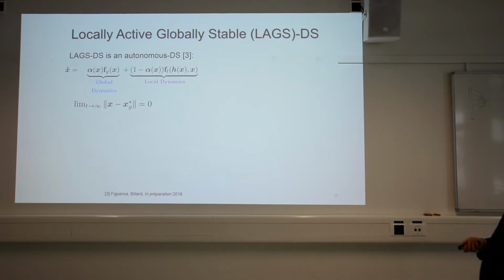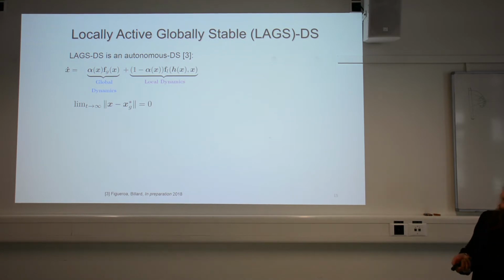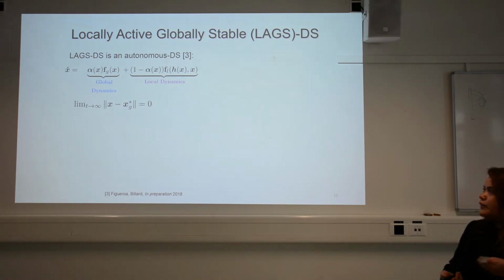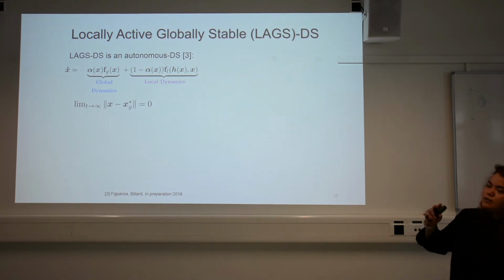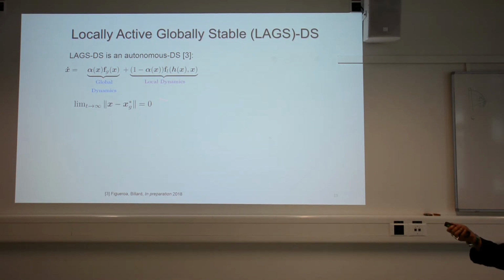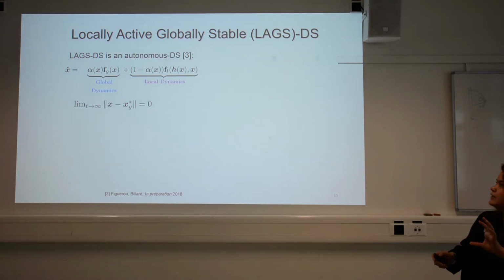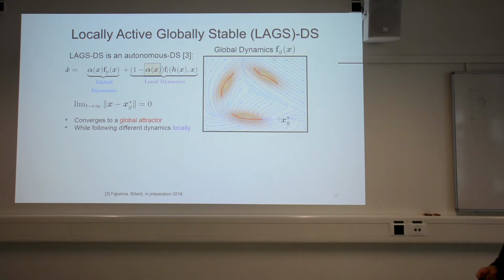That's what I proposed: a locally active, globally stable dynamical system, which is basically a combination of a global dynamical system, which converges towards one global target or attractor, and a set of local dynamics which impose this different local behavior around some reference trajectories through the activation function alpha. So you're mixing between a global dynamical system and a set of local dynamical systems. This one converges to the attractor while following different dynamics locally.